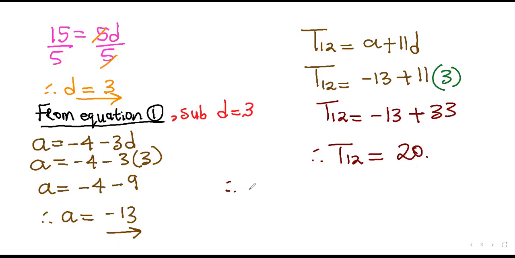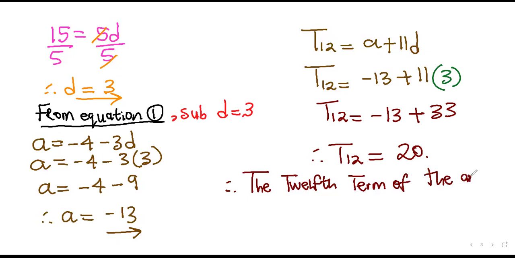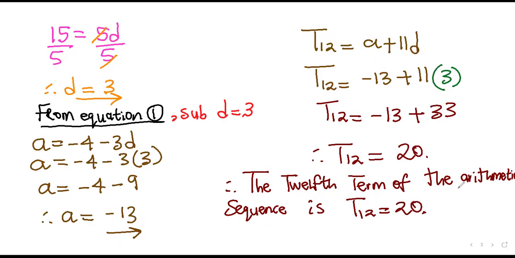Then you're going to say, therefore, the 12th term of the arithmetic sequence is, you can write it as T12 equals 20, just like that. So that's how you deal with that second question, guys.